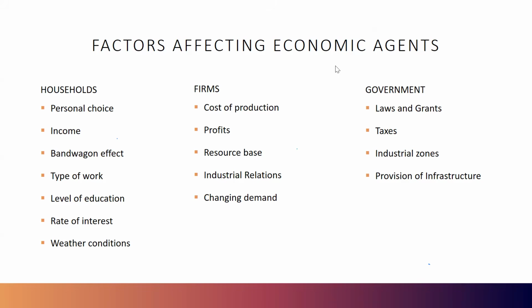Or there might be certain textbooks that you're buying because of the level of education you have and what you're pursuing. The rate of interest: the interest rate is low, so now we're taking a loan and buying something. The interest rate is high, alright, better just save my money. The weather conditions: rain falling every day, you're going to buy a raincoat or an umbrella.